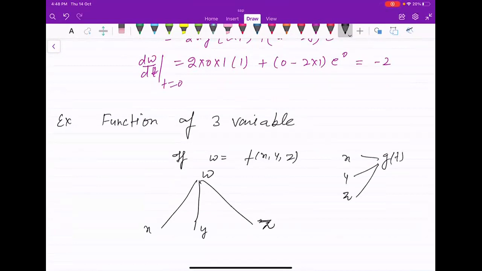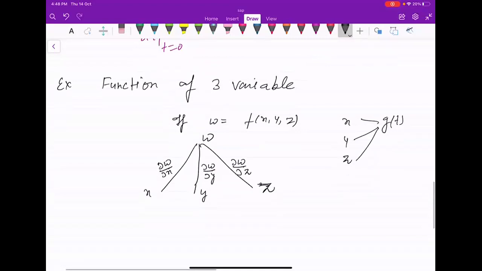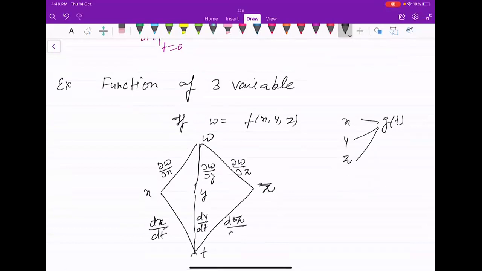So here del w over del x, del w over del y, del w over del z, and x, y, z are related to t only, so dx by dt, dy by dt, dz by dt.